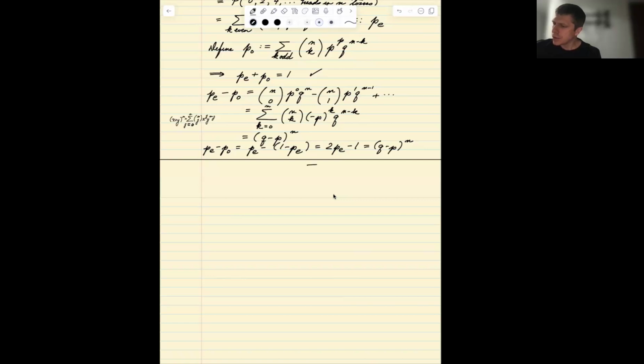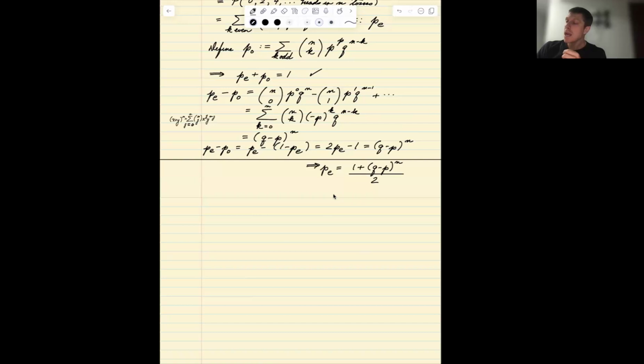So rearranging tells us that the probability of an even number of heads is 1 plus q minus p to the power n, divided by 2.